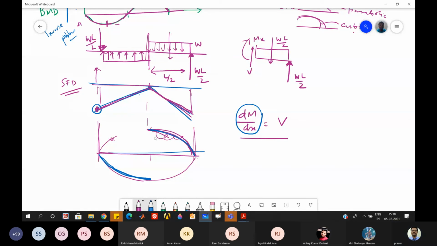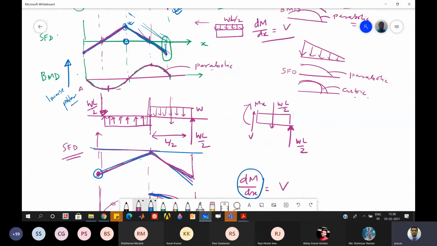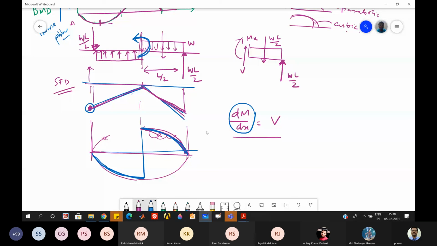Yes, sir, it's correct. So then you can see there has to be some jump, and there is an applied moment, and this is a positive moment, and I have to have something like this. The loading diagram will have some moment like this, isn't it? Now, can you see whether it is possible or not?